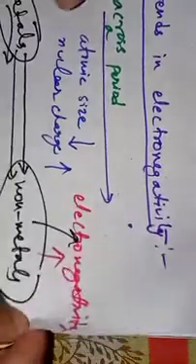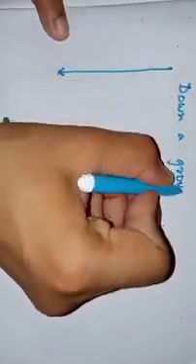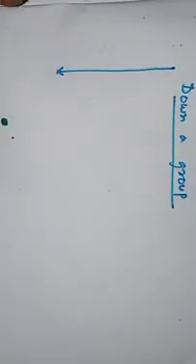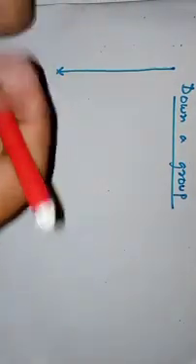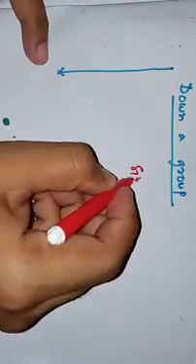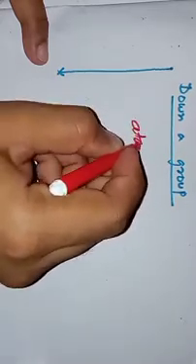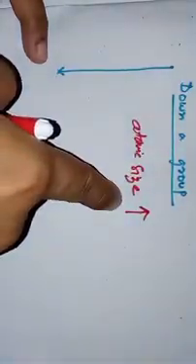Now let us talk about what happens when we move down a group. When we move down a group, we notice that there is an increase in the atomic size, which is against electronegativity.